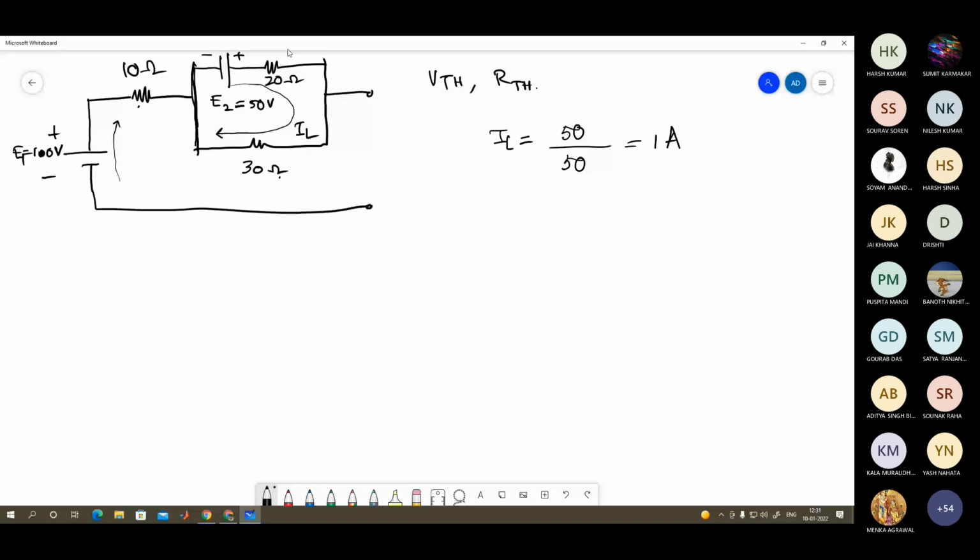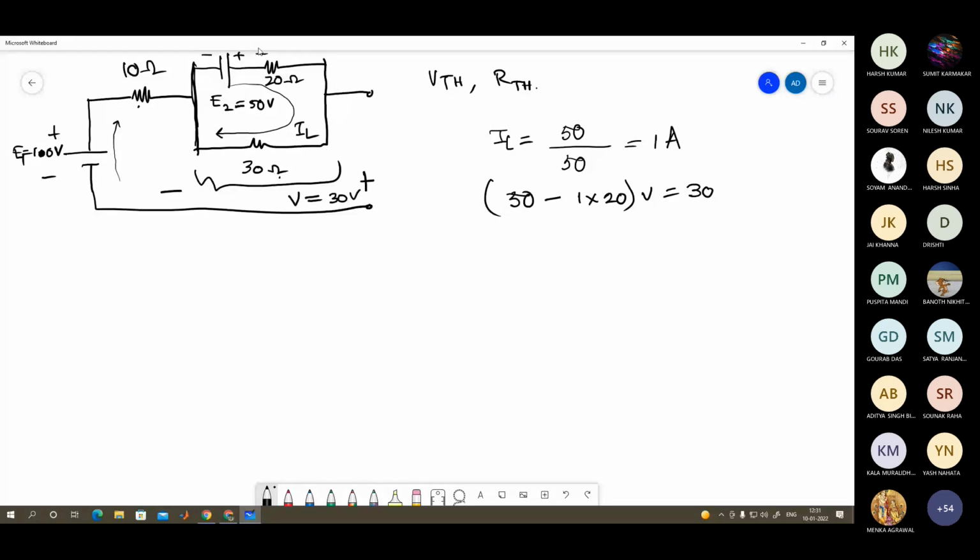So 50 will now become 50 minus 1 into 20, which is equal to 30 volt effective drop. So this V is equal to 30 volt, and the polarity will be minus plus.